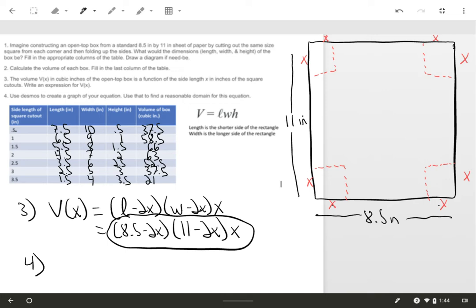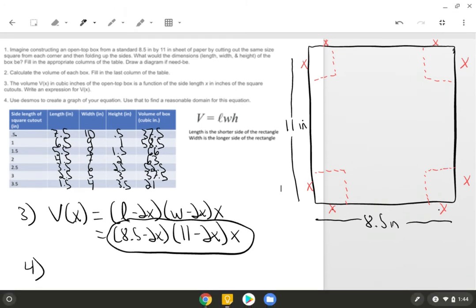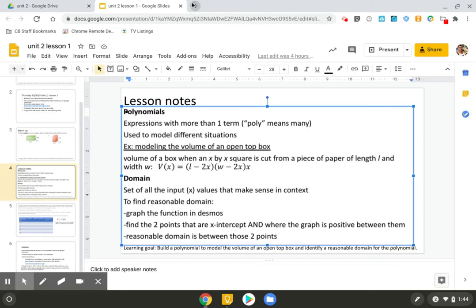Number 4, use Desmos to create a graph of your equation. Use that to find a reasonable domain for this equation. So I'm going to take this right here, and I'm going to graph that on Desmos.